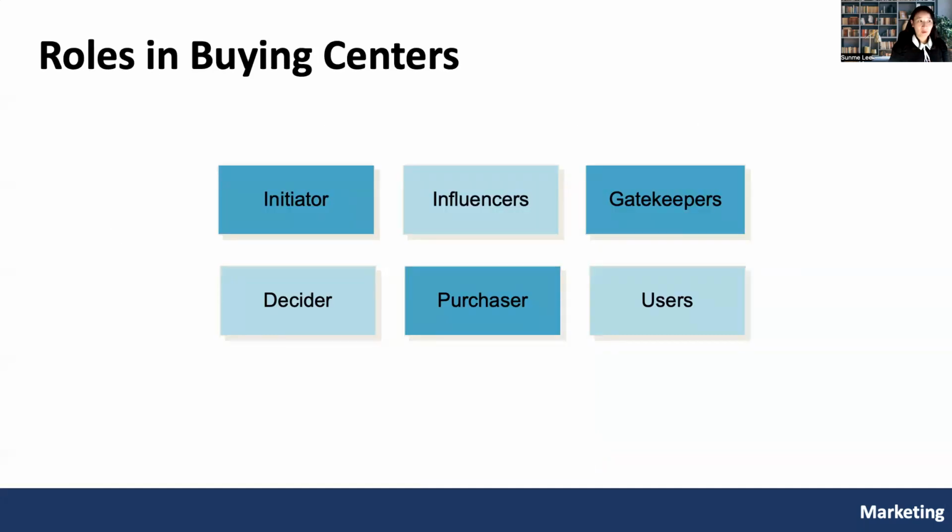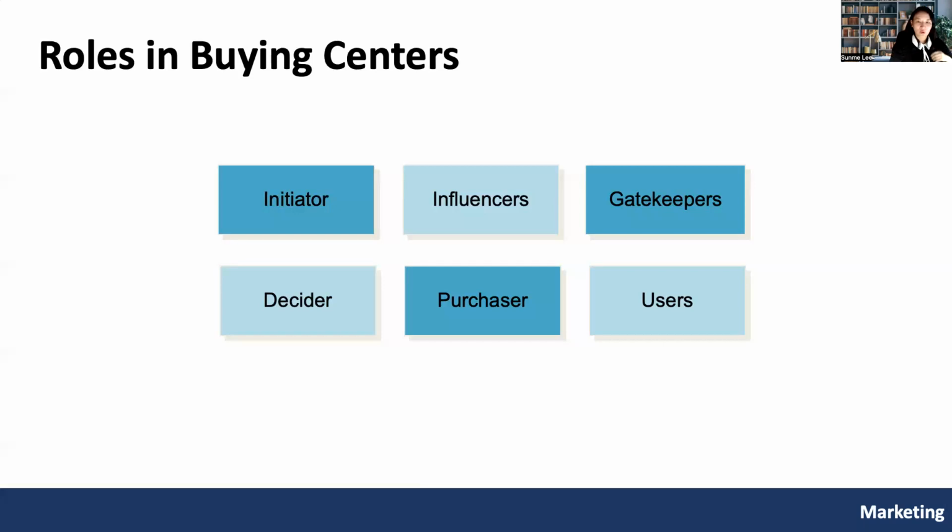So now let's talk about the roles in the buying center. These are the buying groups and the task forces that are put together. So there are a lot of different roles. There's an initiator, the person that says, hey, I just think we need this. And other people might influence that role. So there can be the gatekeepers, and the gatekeepers can be your purchasing agents or the administrative assistants who keep salespeople away.